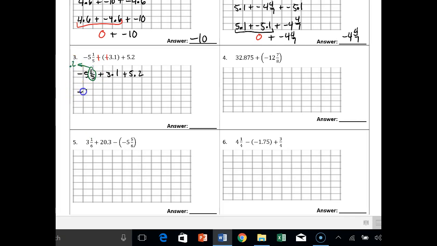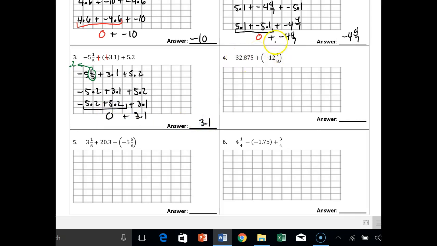So I have negative 5.2 plus 3.1 plus 5.2. If you didn't know the additive inverse, you might start trying to do different signs, subtract here, and then add the 5.2. But I can see the additive inverse right off the bat. It's negative 5.2 plus 5.2 plus 3.1. Those cancel out to 0, plus 3.1. Boom, done.